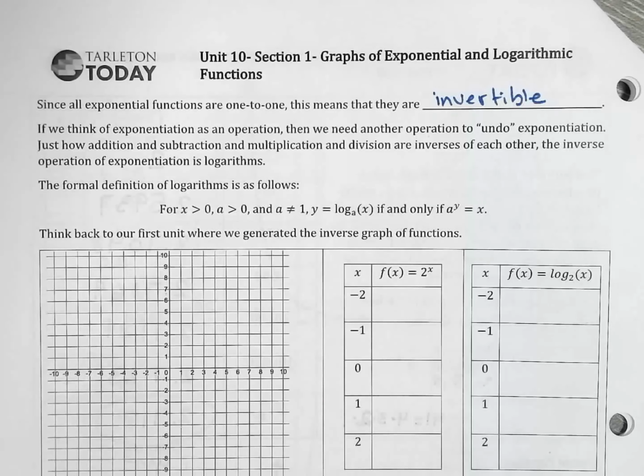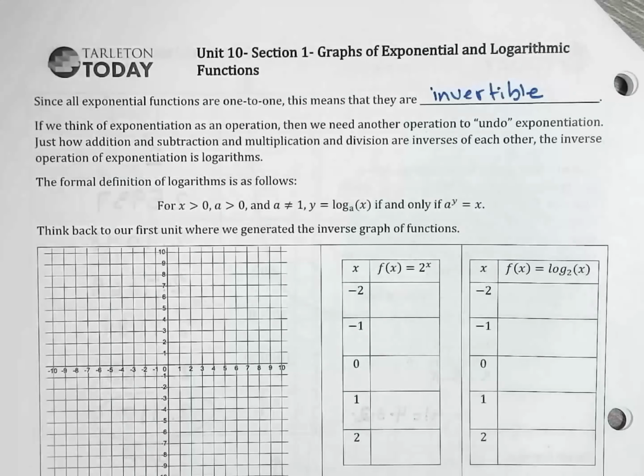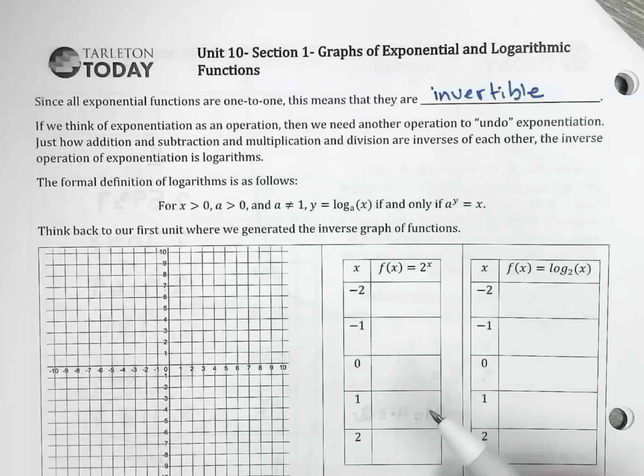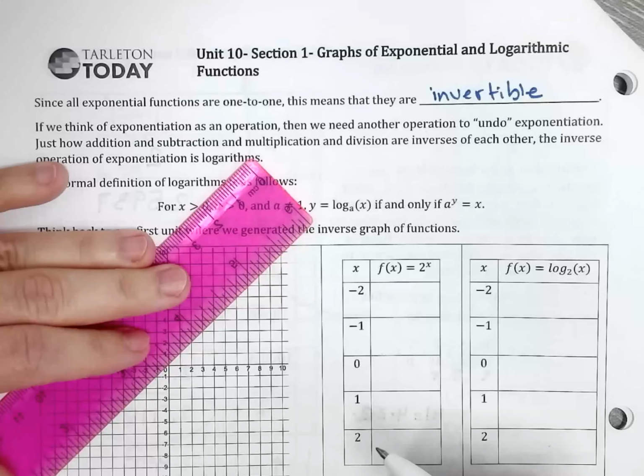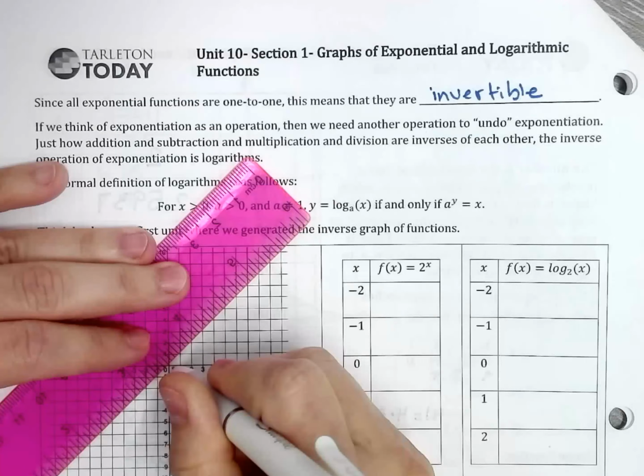I will use two different color pens because here we have to graph two different functions in one. And since we're talking about inverse functions, I'll go ahead and trace the y equals x function as a dotted line. Remember when we did that?